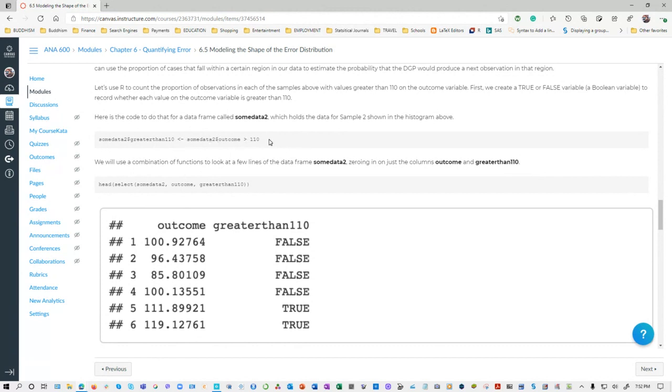These are Boolean, meaning you get true or false. You select these columns from that data set, and then if you print, you can see outcome and greater than 110, false.